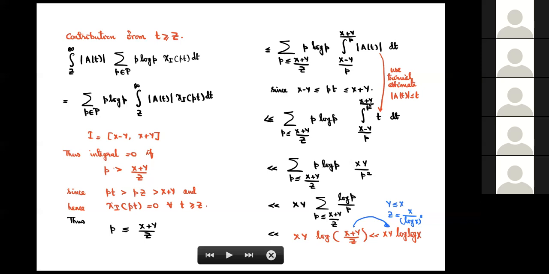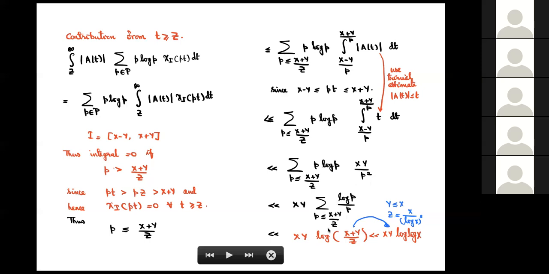Okay? Because you get the difference of the two, which is 2y, and the sum of the two, which will be 2x. And therefore you get 4xy by p square, and that will be multiplied by p log p. You cancel one p and you get the sum of log p by p for p up to x plus y by z.